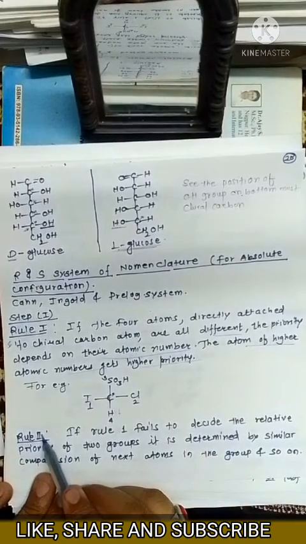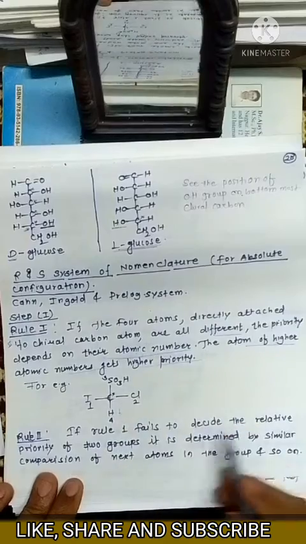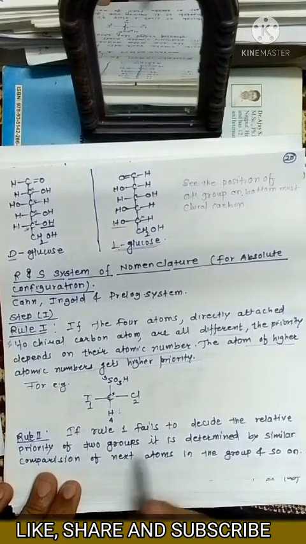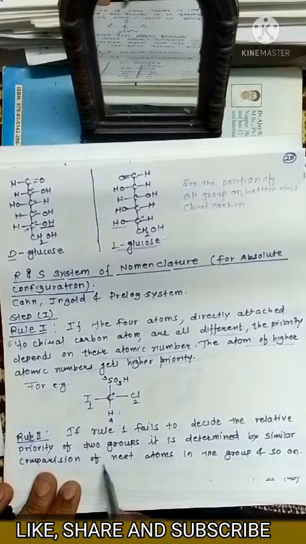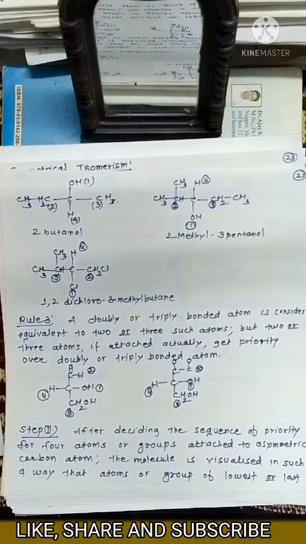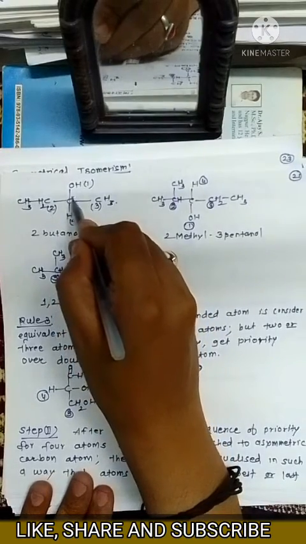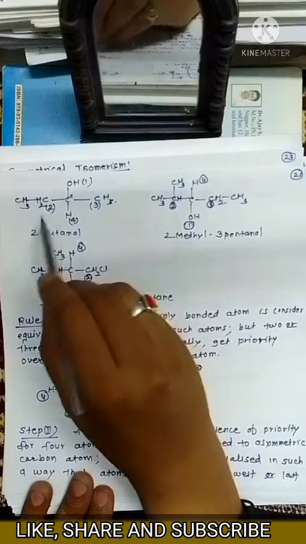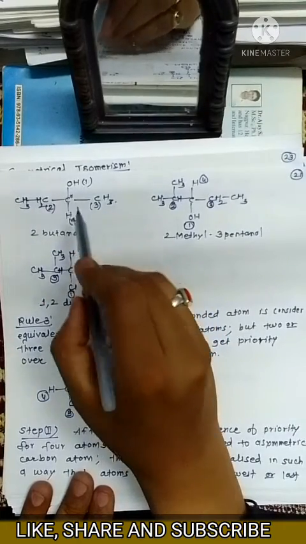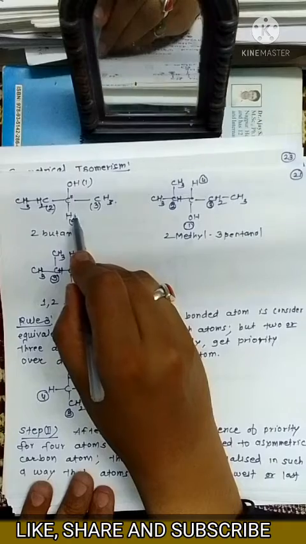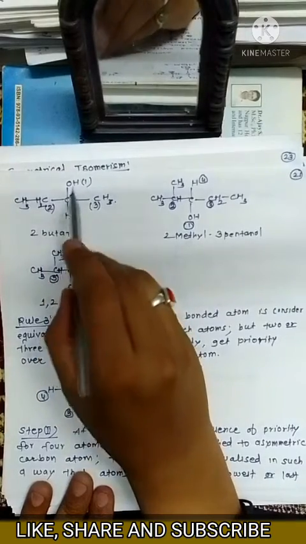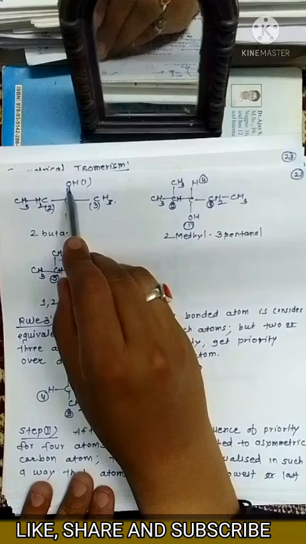The second rule: if rule 1 fails to decide the relative priority of two groups, it is determined by similar comparison of the next atom in the group, and so on. Now we are going to see an example. Just see this example of 2-butanol, where this is the chiral carbon atom. Obviously last priority goes to the hydrogen atom because its atomic number is 1. First priority goes to OH because the atomic number of oxygen is 8.